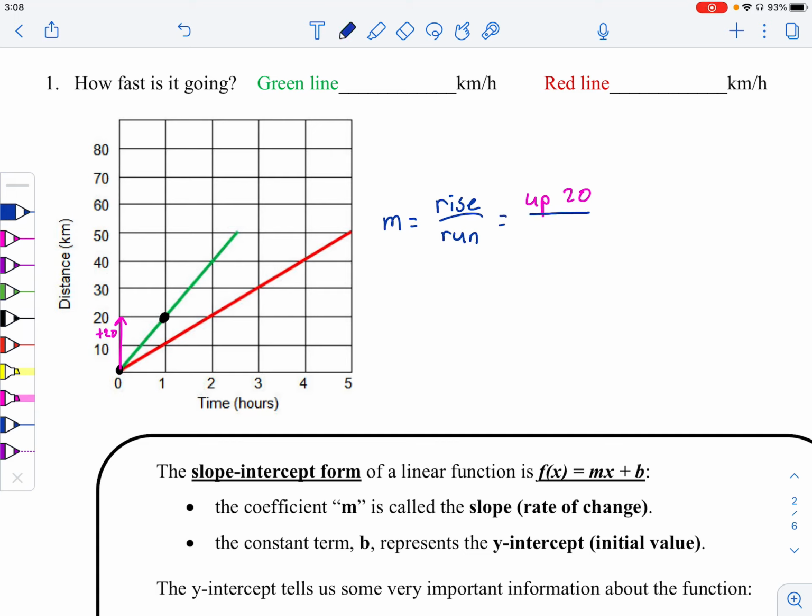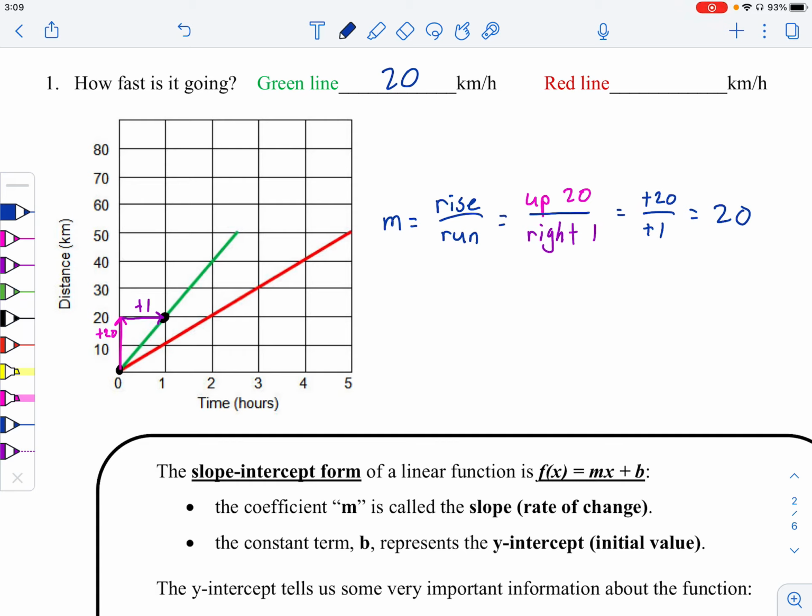And then our run, which is right and left, goes right there, from 0 to 1, so that's plus 1. So our slope is up 20, positive 20, right 1, positive 1. So 20 over 1 is 20. So the green line is 20 kilometers per hour.